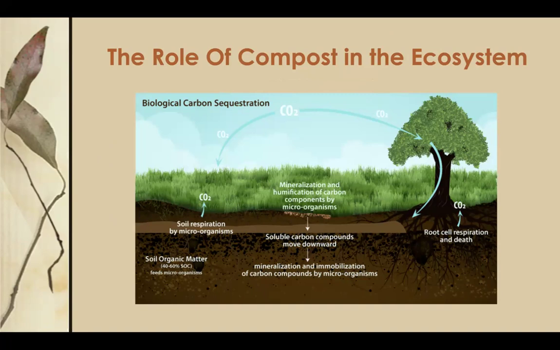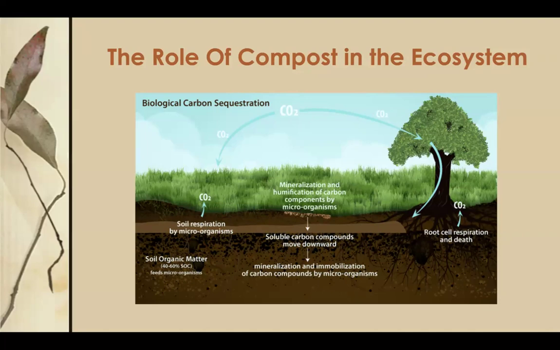So there's just this picture here. We're talking about moving nutrients and transforming them from atmospheric carbon to stored carbon in the earth. And that's done through photosynthesis, it's done through respiration of microorganisms, and this is just happening naturally.